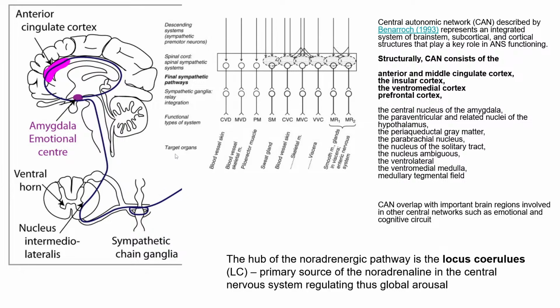The actual nerves that go to the effector organs, which for pupil size is musculus dilatator pupillae, and for EDA is the sweat gland, are the postganglionic sympathetic nerves, which go, as for every sympathetic nerve, from the truncus sympathicus or sympathetic chain ganglia.